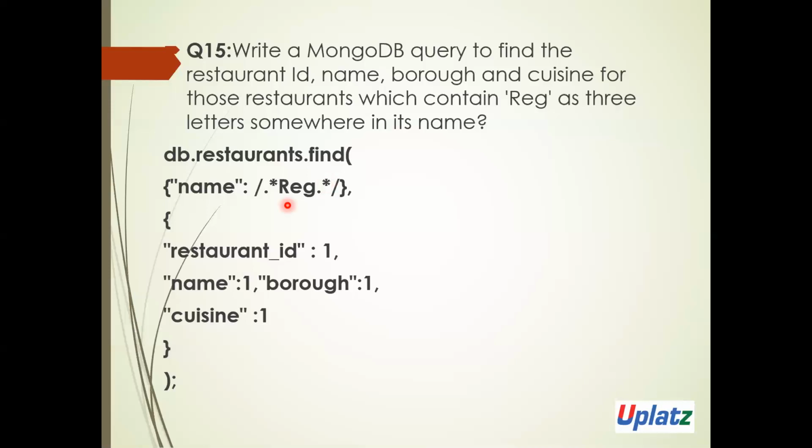It will search for the 3 consecutive letters in the particular word. So it will take that, and for that particular name, restaurant ID, name, borough and cuisine, everything I have set to one, this particular field gets displayed for the particular name.